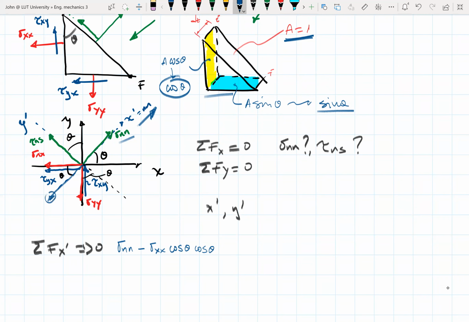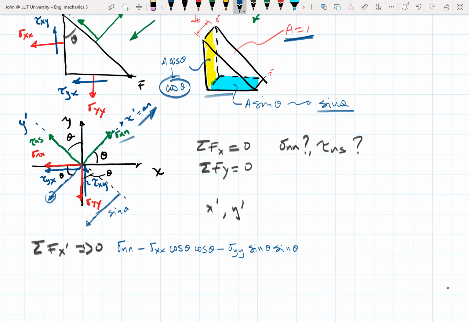Then sigma y, also negative, is applied on the horizontal face, which has an area of sine of theta, and aligned with this axis x prime, that would be a transformation of sine of theta.